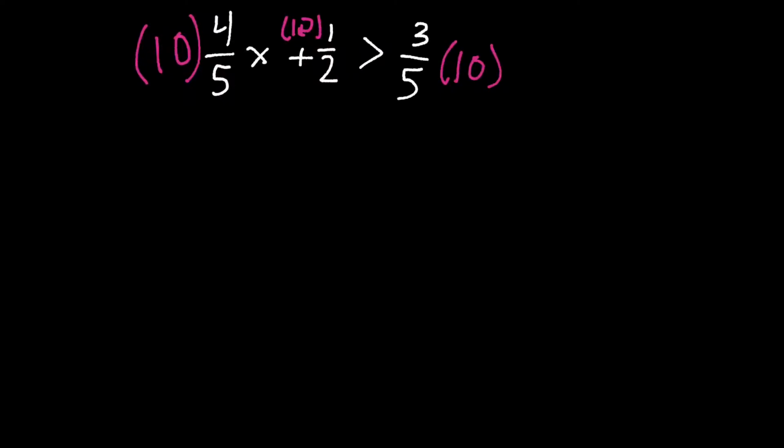And the reason why I'm doing this is because this will not only get us a common denominator, it'll actually simplify our fractions so that we no longer have any fractions.